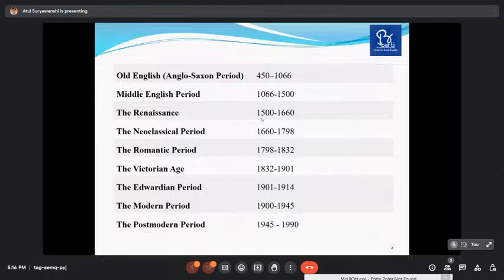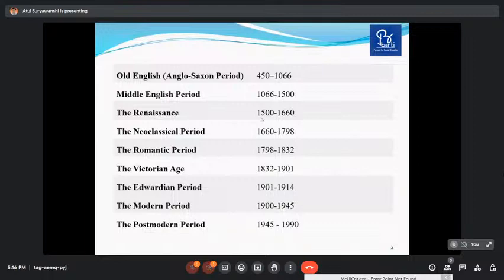The very first period is known as the Anglo-Saxon period, which is known as Old English, which lasted from 450 up to 1066. This is the old period of English, where very few select writings were there.